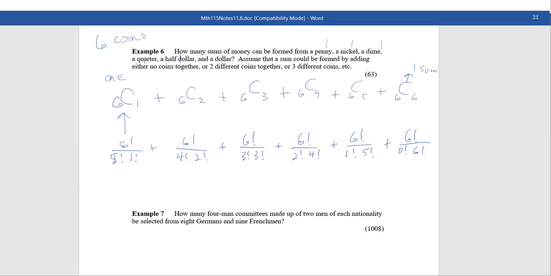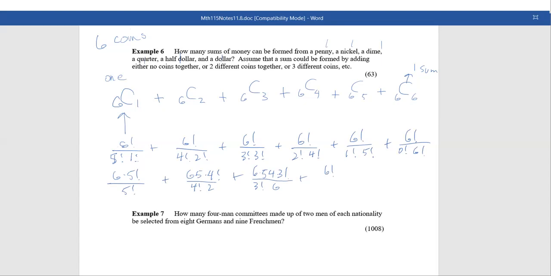Over here, this gives us 6 times 5 factorial over 5 factorial. This gives us 6 times 5 times 4 factorial over 4 factorial 2. And 6, 5, 4, 3 factorial over 3 factorial. And I'll write this as a 6.